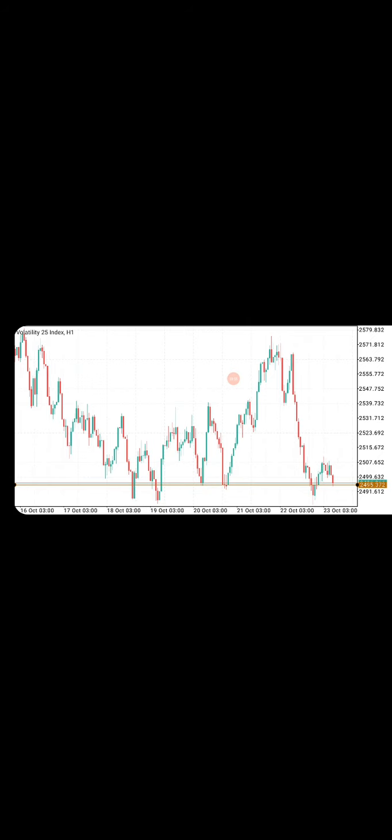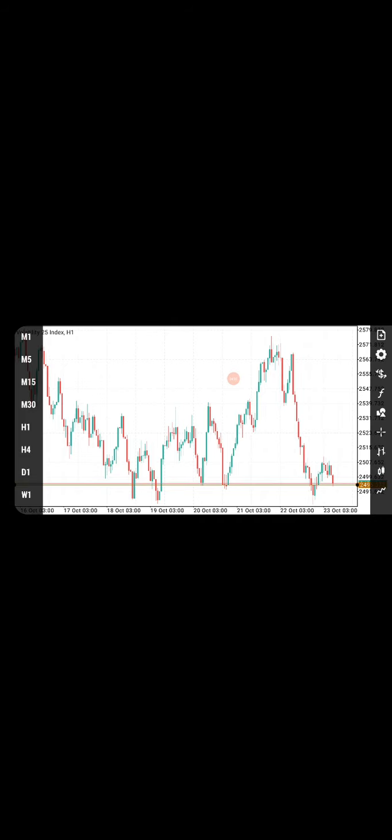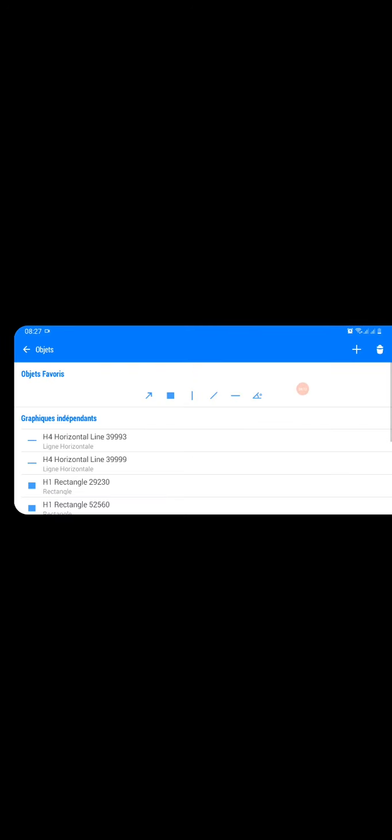And the resistance is the opposite. So allow me to click on my chart, and click also on the sharp button, right? When I click on the sharp button, I select the same features, but this time I put it on the upper part.